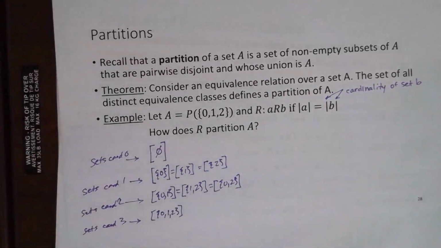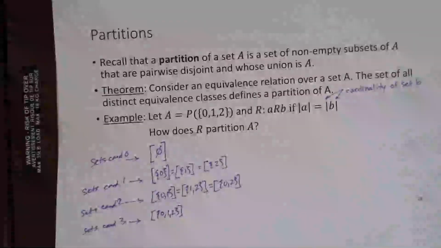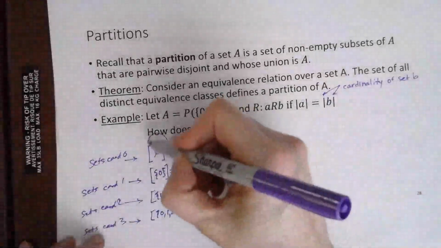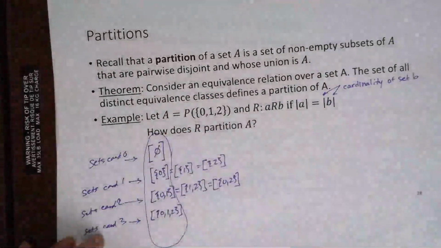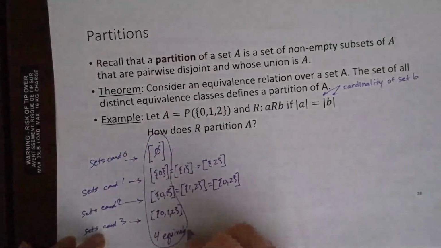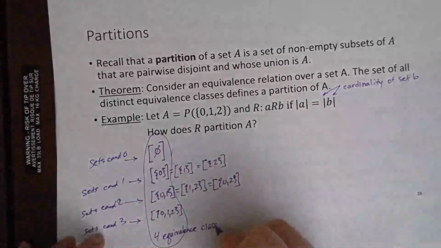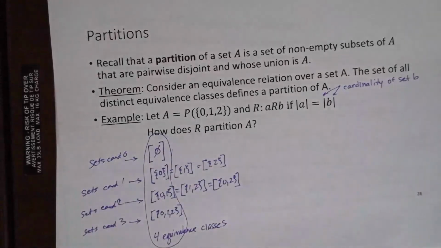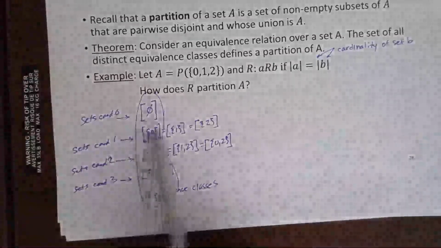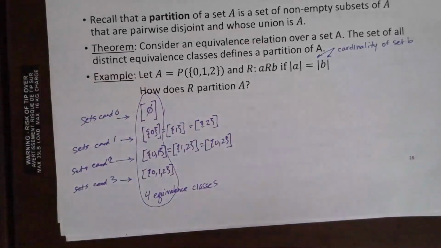So we've got 4 different equivalence classes, and we just need to pick a representative subset from each class.